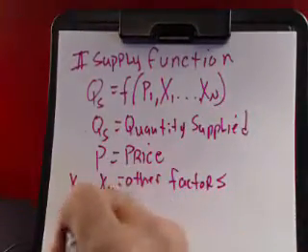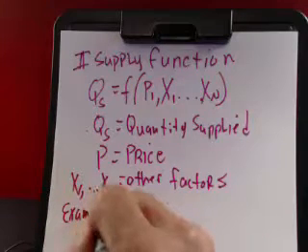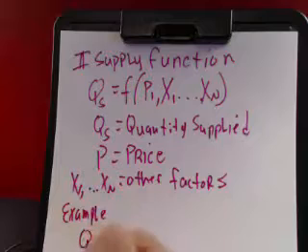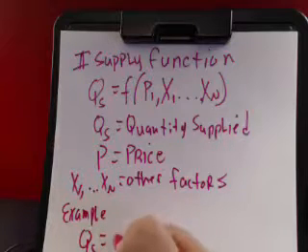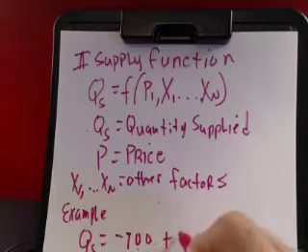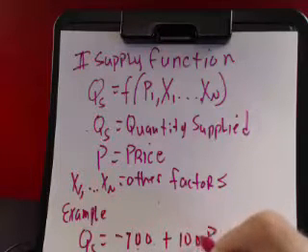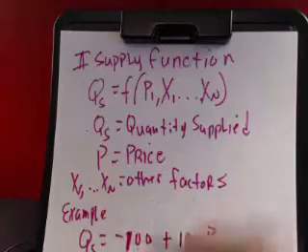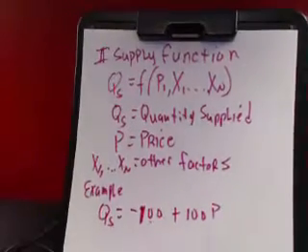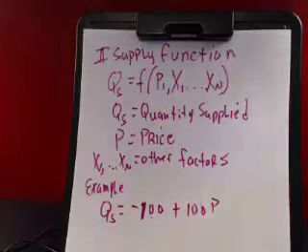And so our example here, again, this is just given, Q sub S, we're going to use minus 100 plus 100P. So this is a 1. All right, so that's the supply function.